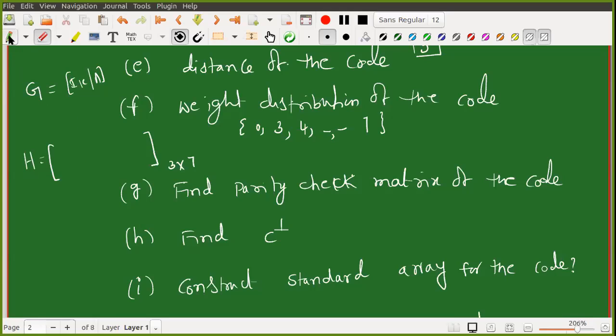If it contains a 0 column, then the distance of the code is less than or equal to 1. Remember that if there are k linearly dependent columns, then the distance of the code is less than or equal to k. But if I have k linearly independent columns in a parity check matrix, then the distance is greater than k. This you need to know.